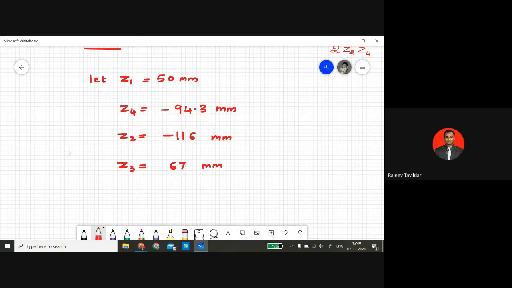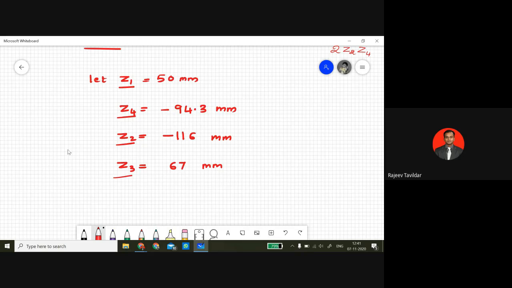While derivation, we have taken them as vectors. But ultimately, when you synthesize a mechanism, this means only the link length. I hope you are getting my point. Yes, sir, got it. At the end, it is only the link length.